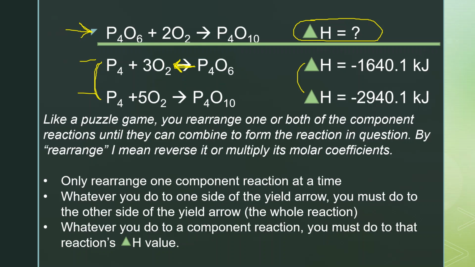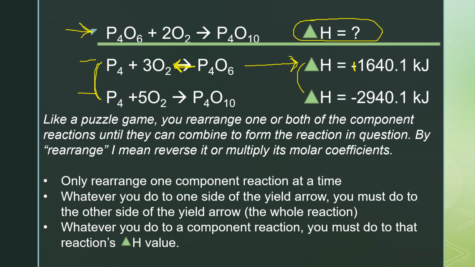And then whatever you do to a component reaction, you have to do to its enthalpy value. So since we reversed this one, this negative 1640.1, you change that to a positive. And if it were already a positive, then you would change it to a negative. And that's all you have to do if you reverse this component reaction.